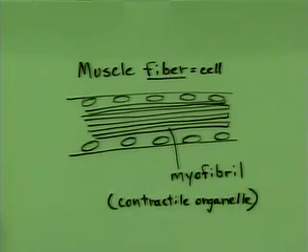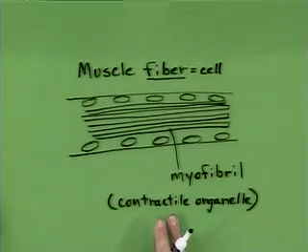In other words, these are the cellular subparts that actually allow the cells to get shorter. They are the functional organelles of contraction.